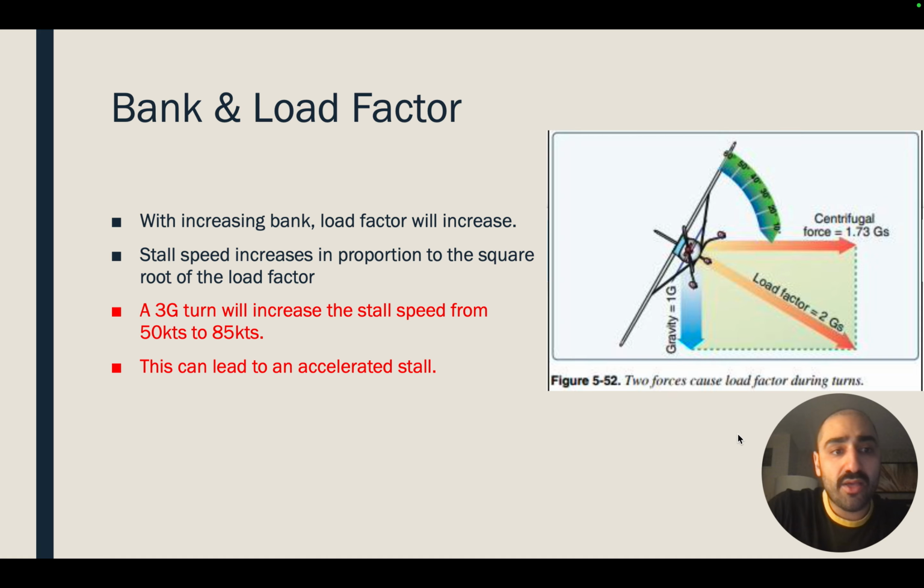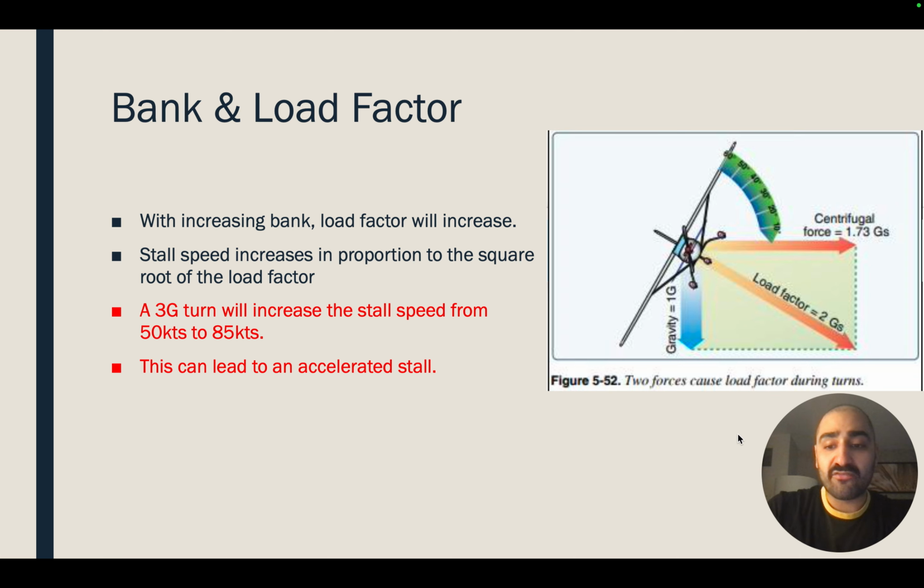All right, so bank and load factor. Just before we start talking about a chandelle, let's talk about the bank and load factor. Load factor increases with bank, correct? And what that does to the aircraft is that increased load factor increases stall speed. This is important because in a chandelle, we are reducing our speed, and also we are in a bank.